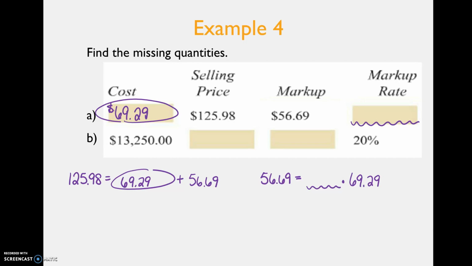How do you undo times $69.29? Divide. So 56.69 divided by 69.29. I get 0.81815. It keeps going. Let's round that to 82%.